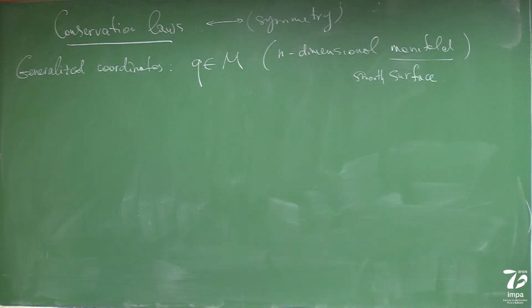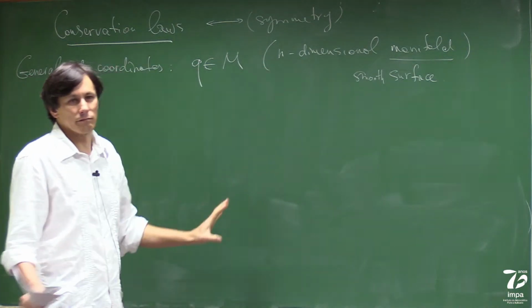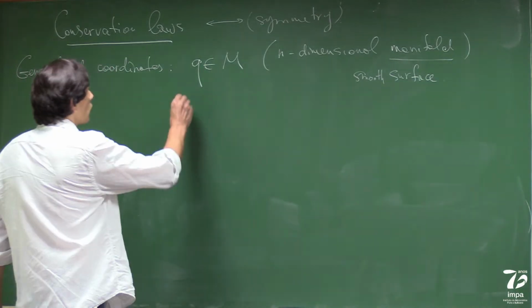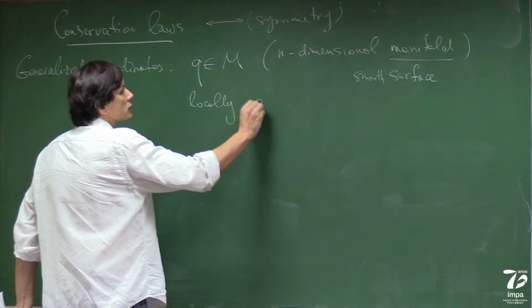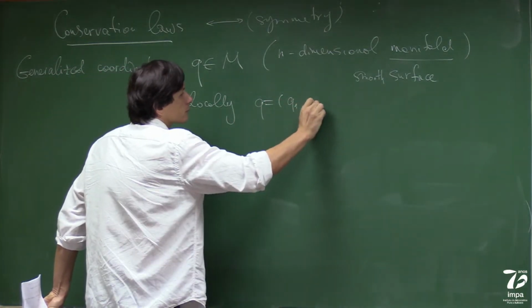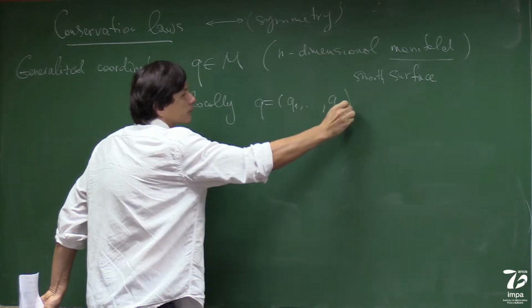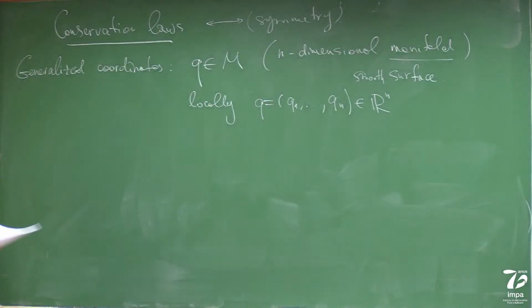So a manifold is essentially an n-dimensional object which is locally looking like Rn. So you can always look locally near each point. You can always write Q as defined coordinates. So it's Rn locally, but globally it doesn't have to be.